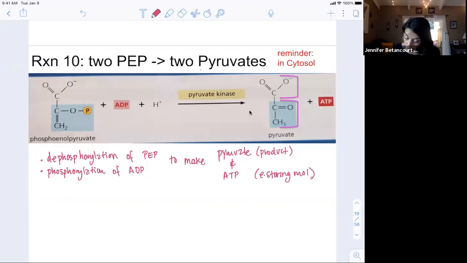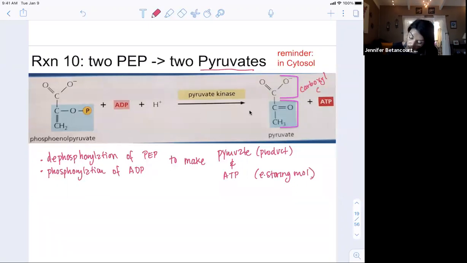So you've made your pyruvates. And what I want you to see with the pyruvates is a couple things. If you look at this region right here, think back to your functional groups. This functional group is a carboxyl group, an ionized carboxyl group, right?